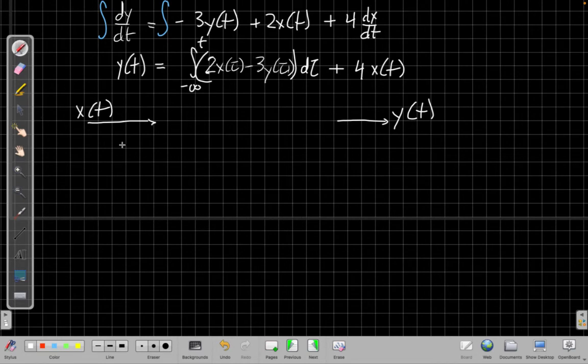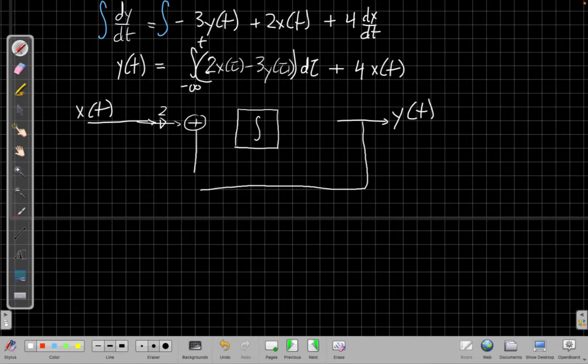So I would look at this and say, well, I have an integrator that needs to take 2 times the input and minus 3 times the output. Let me put my integrator here in the middle and ask what I want to go into it. Well, it's a sum of 2 things. I need to take 2 times the input, and then I need a feedback branch to bring the output back, scaled by minus 3.